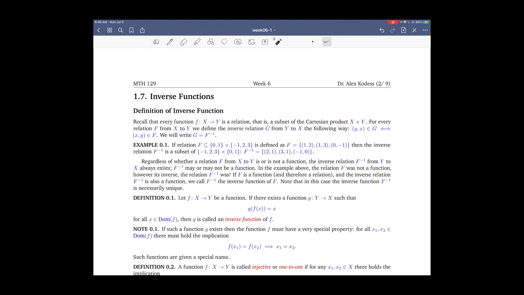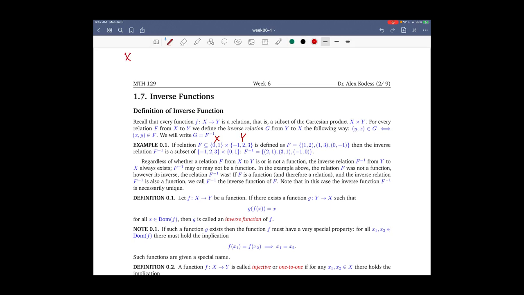Here is one example. Say our set X is {0, 1}, and set Y is {-1, 2, 3}. And the relation F is defined as the pairs (1, 2), (1, 3), and (0, -1). Clearly, it's a subset of the Cartesian product of X and Y. The entire Cartesian product of X and Y will have 6 elements.